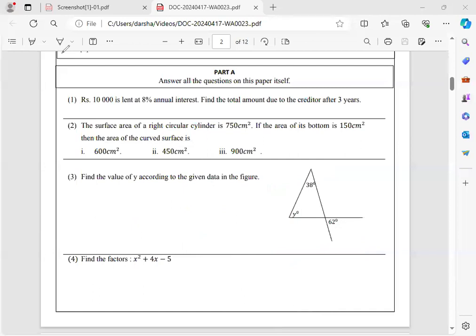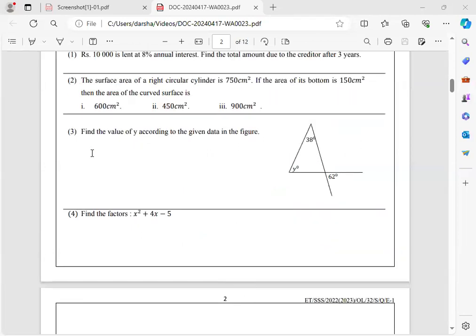Question number 3 says, find the value of y according to the given data in the figure. This is simple geometry.